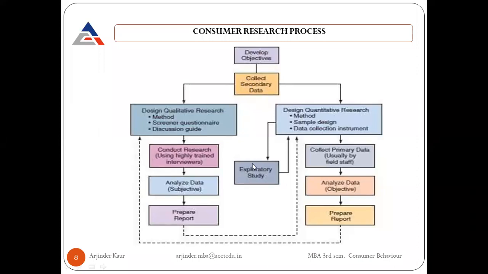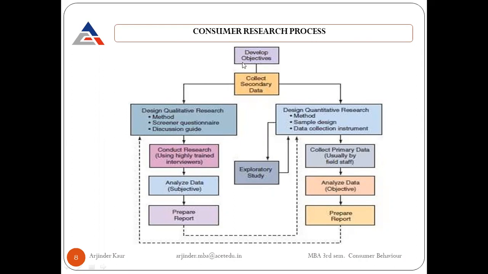Now, to collect the primary data, the approaches will be altogether different if we are going for qualitative research or quantitative research. This will be based on the objective we have. If the objectives are such that qualitative data is required, then we'll design a qualitative research.